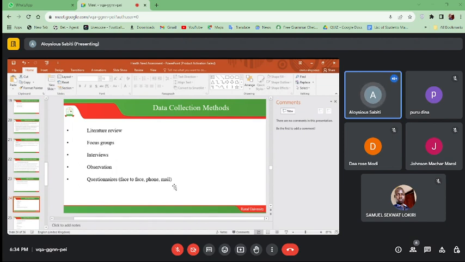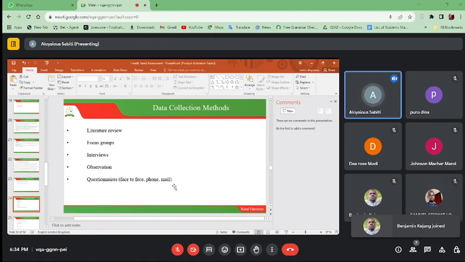Then secondly, we're looking at focus groups, where you gather people, I think 6 to 8, and you'll be able to ask them particular questions, and they can answer you. But you must be technical enough to record and sometimes note down some of these focus group discussions.